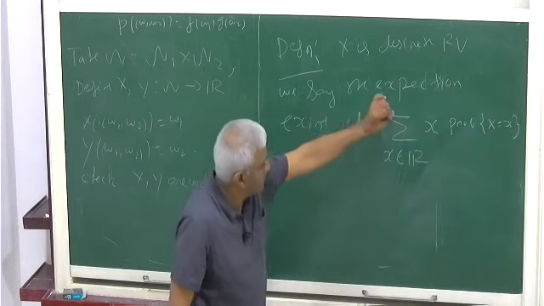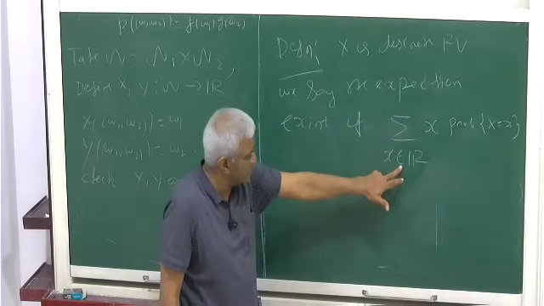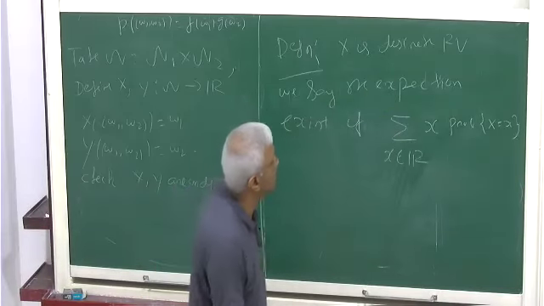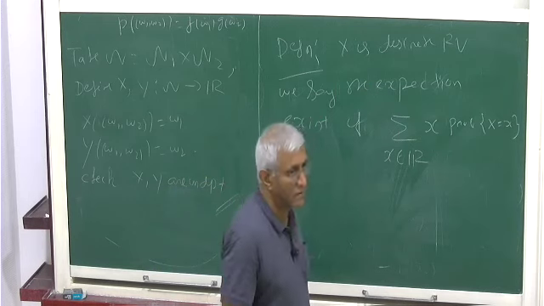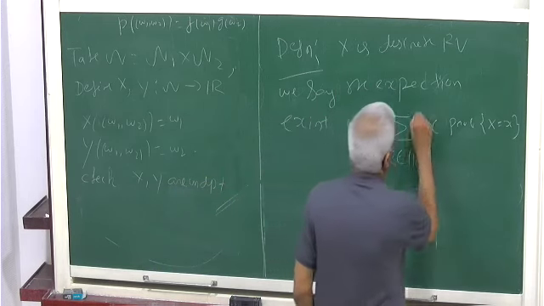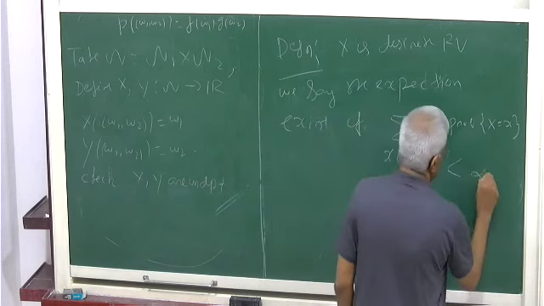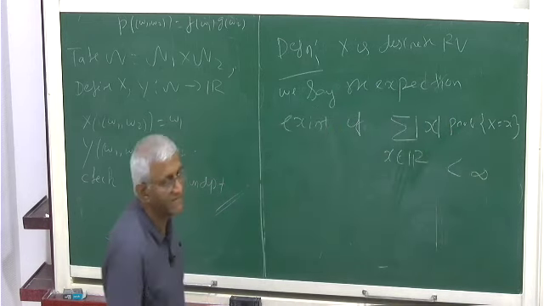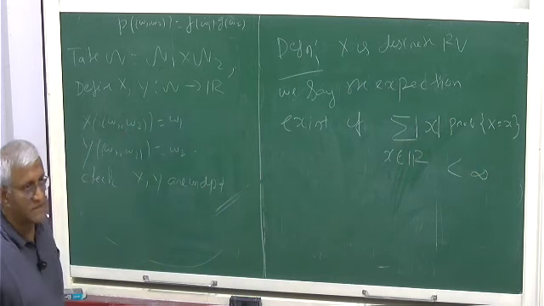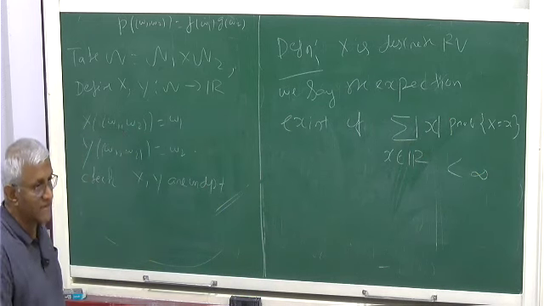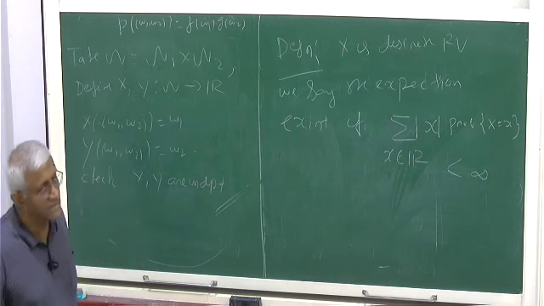Otherwise I would have to enumerate the range of X. This is over uncountably many x, but it's actually over a countable set. Here you have mod x. This should be less than infinity. I mean, this should not diverge. This is a series, no? It's a countable sum. It can diverge. So when it is less than infinity, we say the expectation exists.